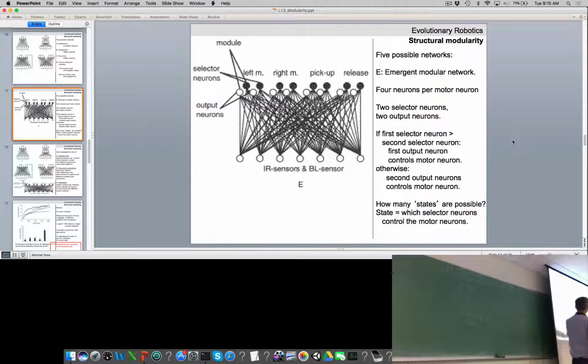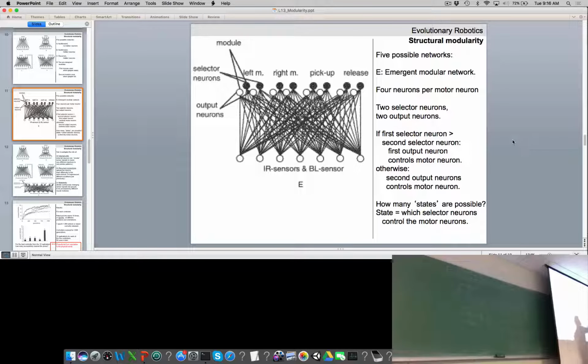What determines whether this neuron controls the left motor or this neuron controls the left motor? Is it whether it's holding a sugar cube or not? Who knows, right? It's up to evolution. Evolution can sculpt these synapses to determine which of these two neurons, under which sensory conditions, control the left motor.